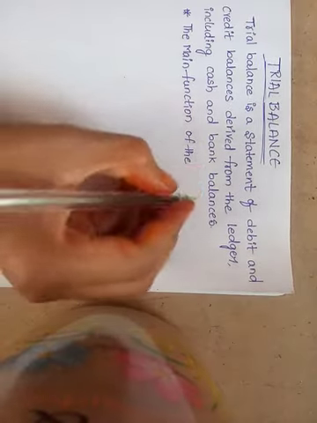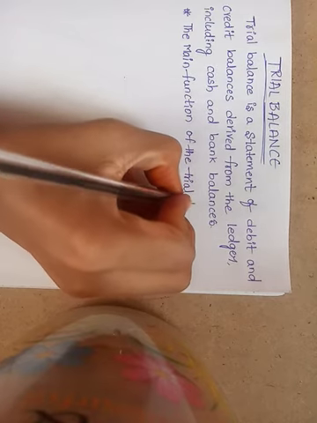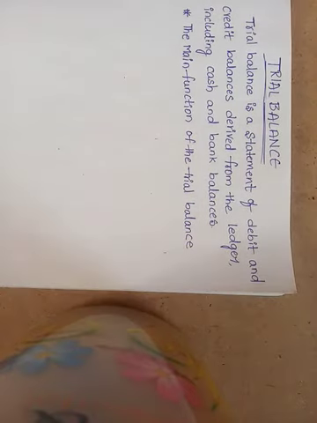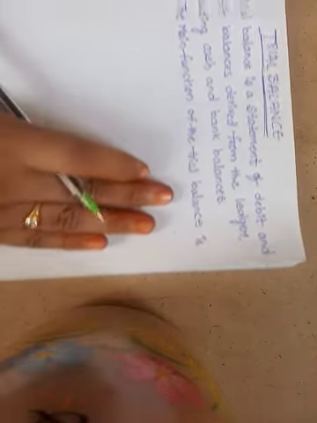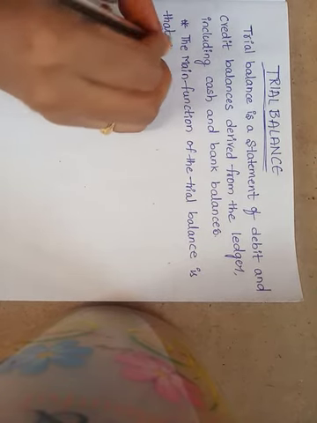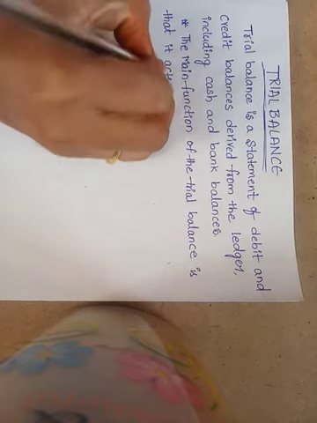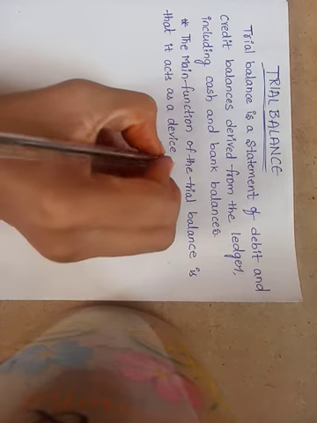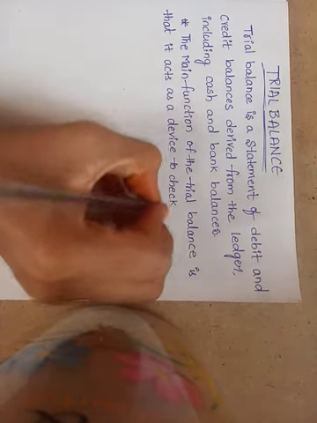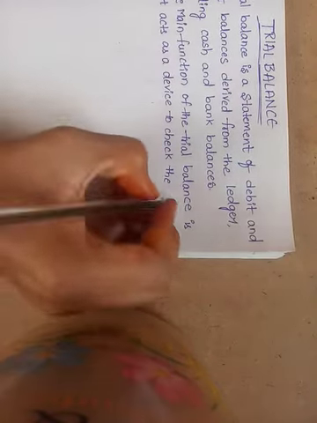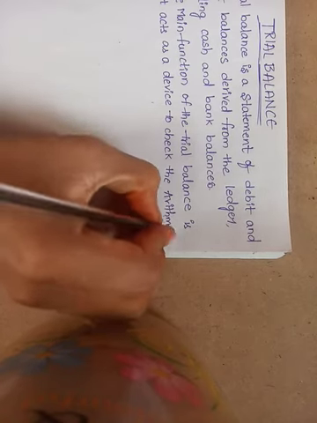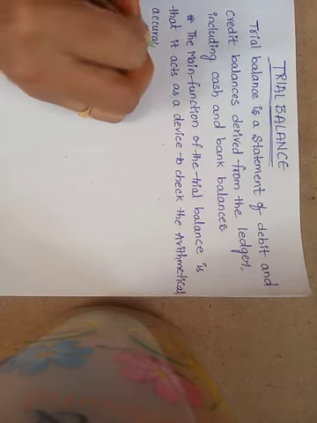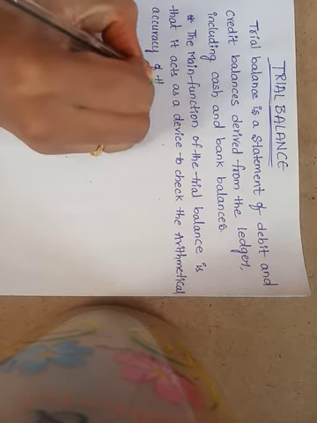The main function of the trial balance is that it acts as a device to check the arithmetical accuracy of the accounting process.